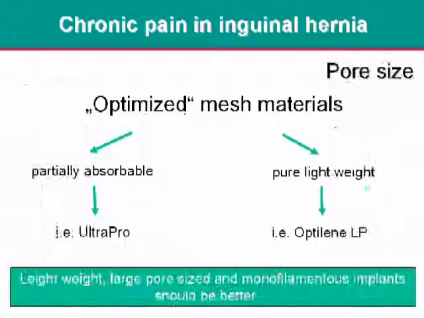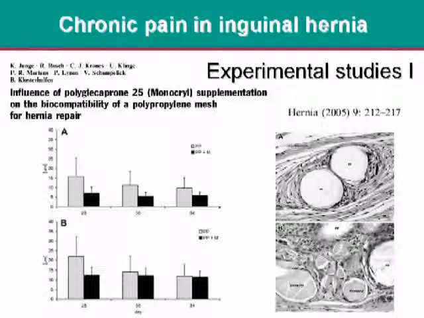So overall, these optimized mesh materials should either be pure lightweight, large pore-sized, or the so-called partially absorbable. So what is it, the partially absorbable meshes? These are actually just lightweight meshes with an added absorbable part to help you to handle this mesh during the operation.